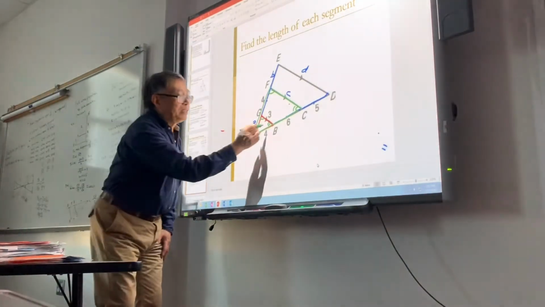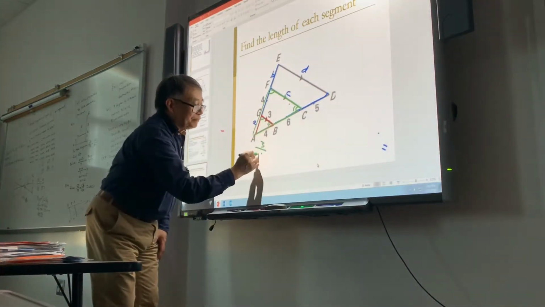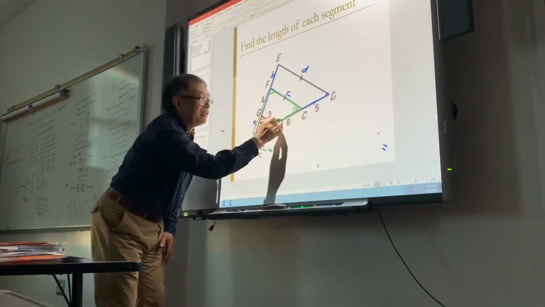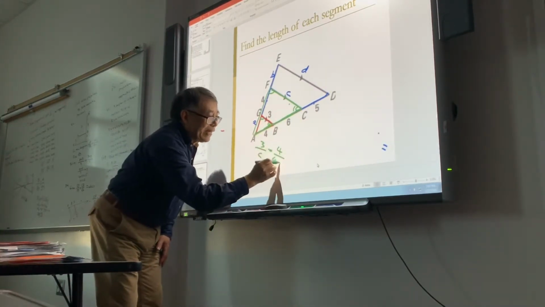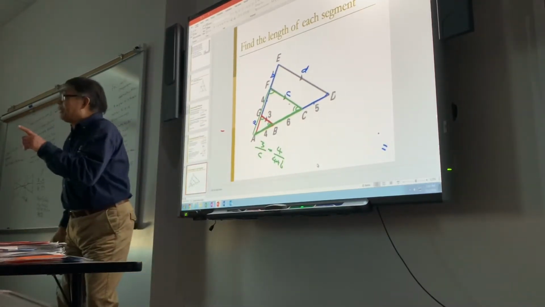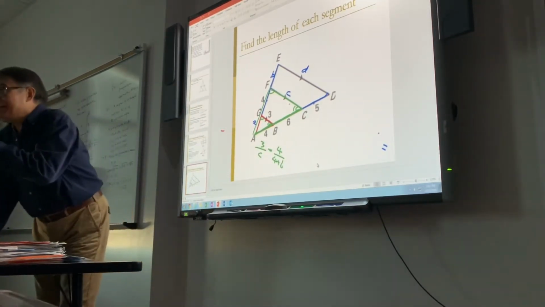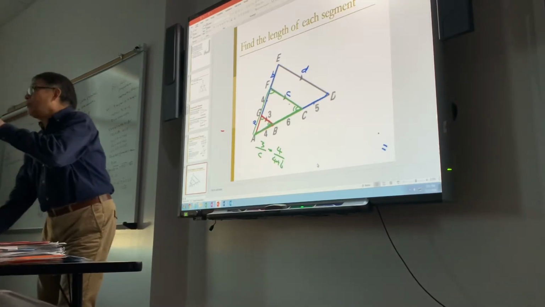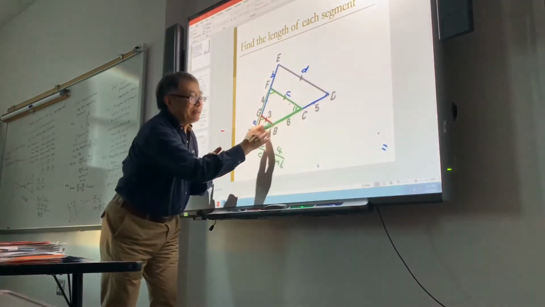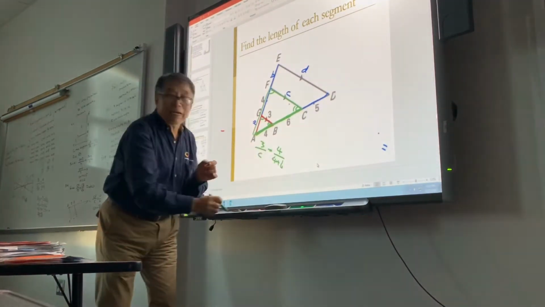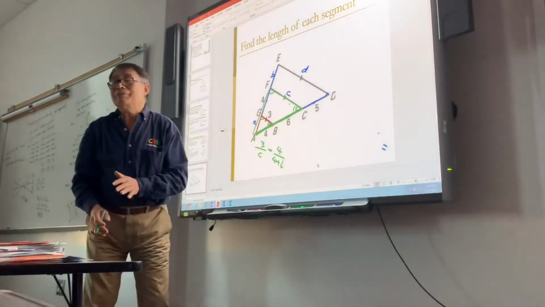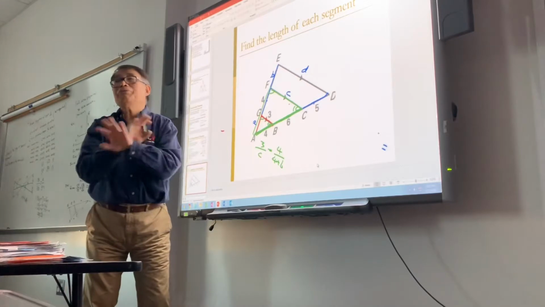Corresponding sides: 3 over C equals 4 over 4 plus 6. That is the mistake. If you understand, you will not make a mistake. If you don't understand, you will make a mistake. These sides are corresponding, so 4 over 10, not 4 over 6. If you get 4 over 6, everything is wrong.